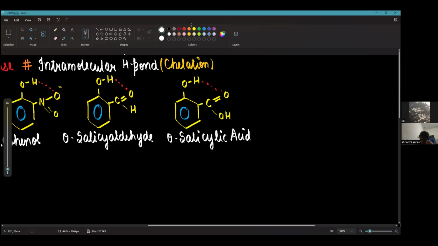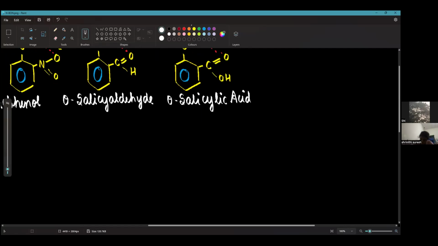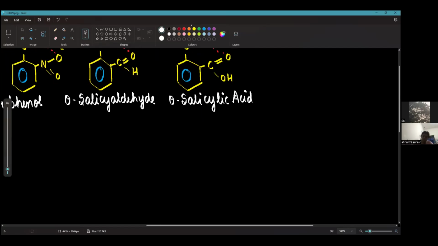Then the anion of maleic acid also forms a hydrogen bond. So let me draw that. This is the fourth example.